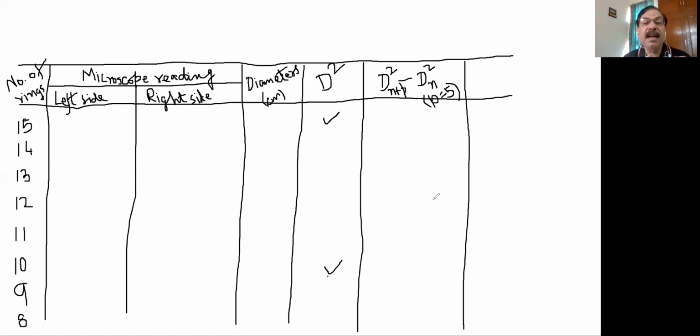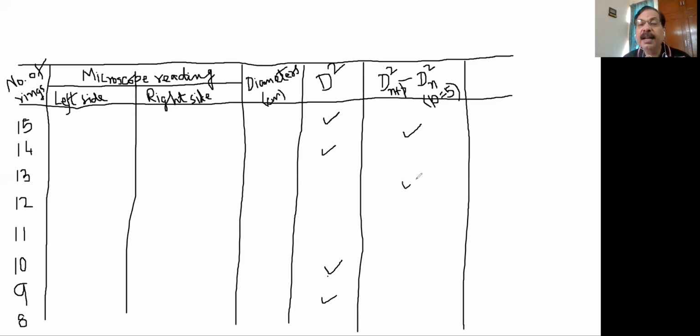Similarly, when we take the square of the diameter of the 14th ring, then n will be 9, and you will subtract that value from this value.